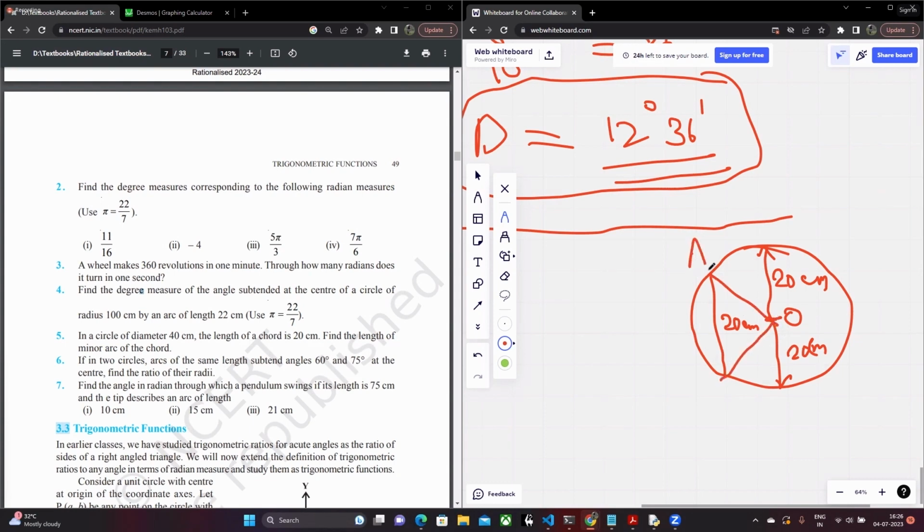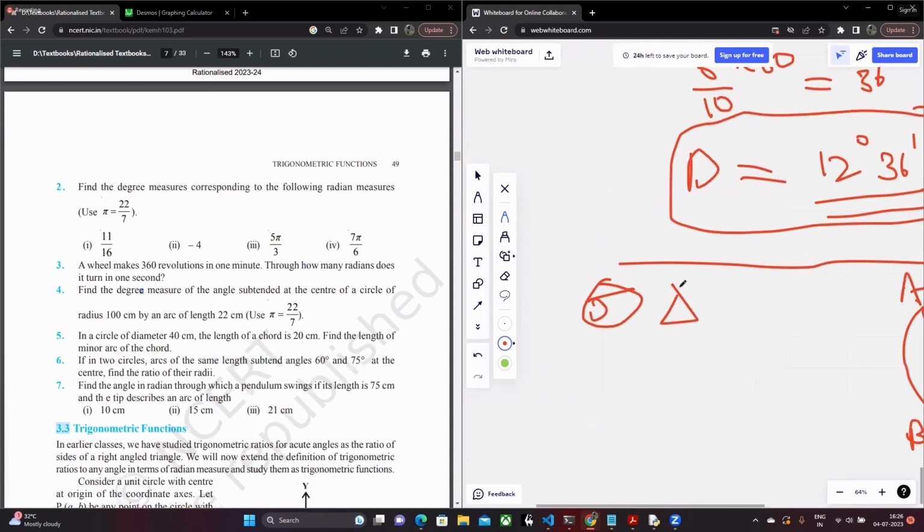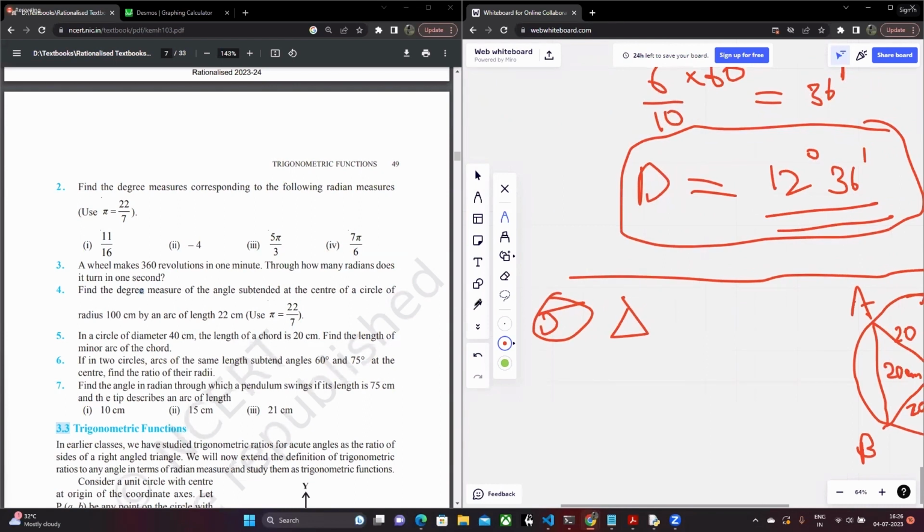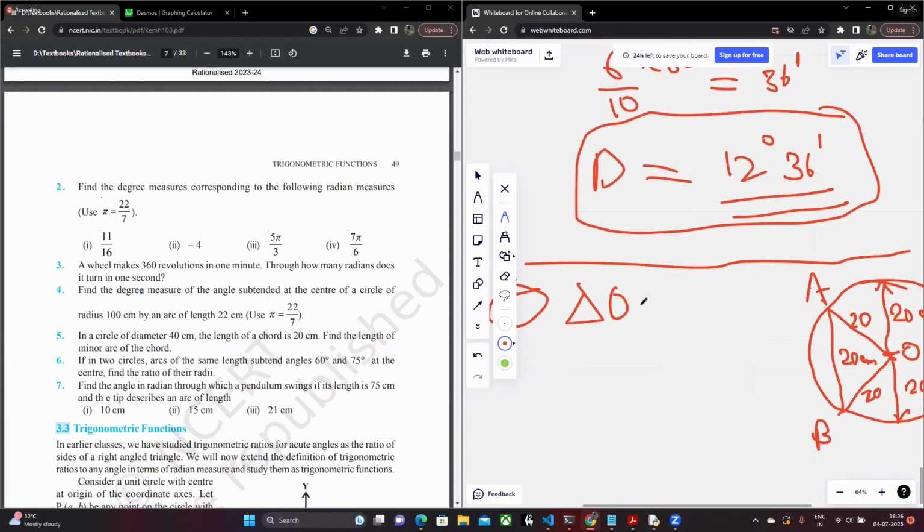So let the chord's endpoints be A and B. Then joining OA, joining OB, you see that OA is a radius, OB is a radius, and the radii are of length 20 centimeters. Since all these three lengths are equal, that means triangle OAB is equilateral.